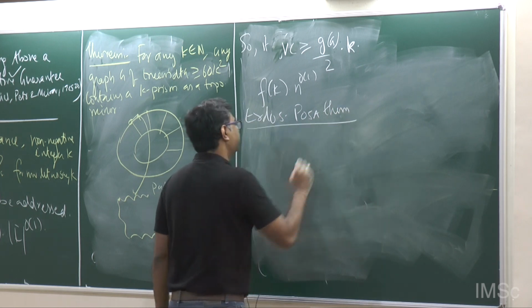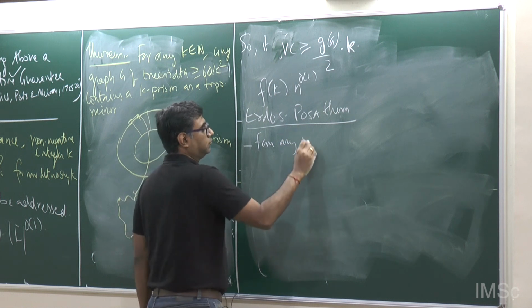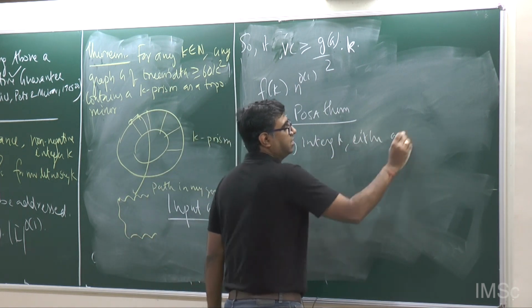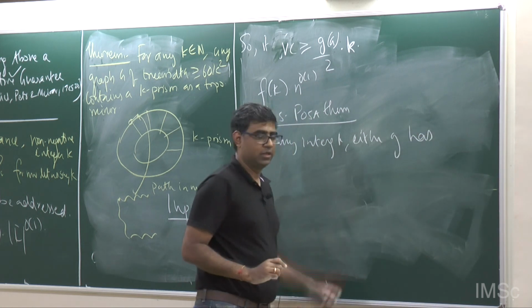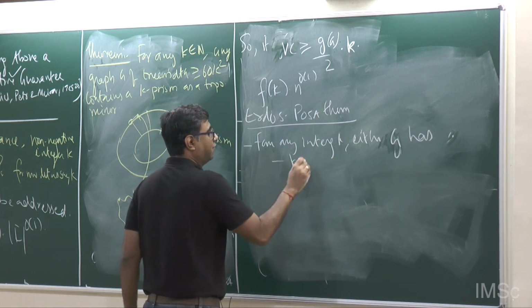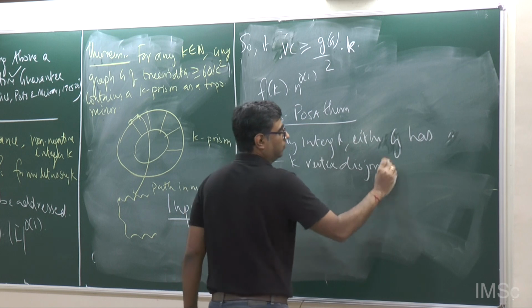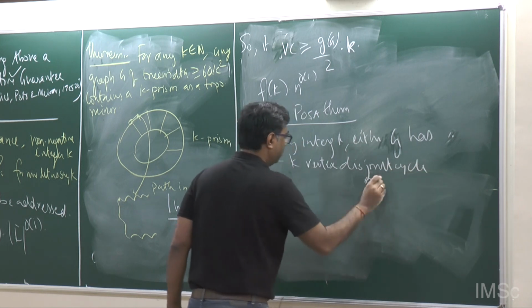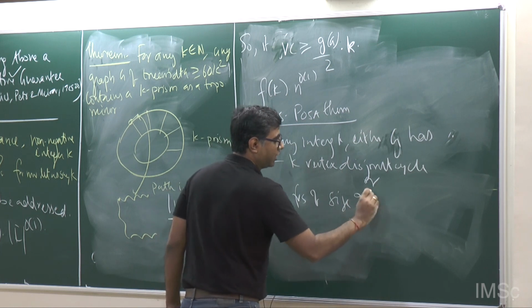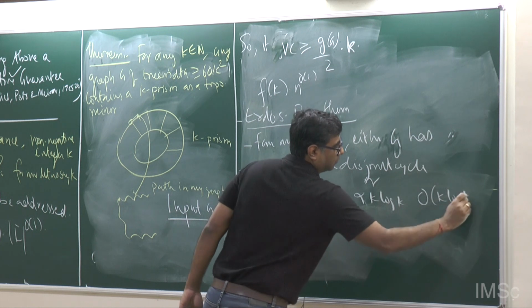What does it say? For any integer k, either G has k vertex disjoint cycles, or an FVS of size alpha times k log k, that is, order k log k.